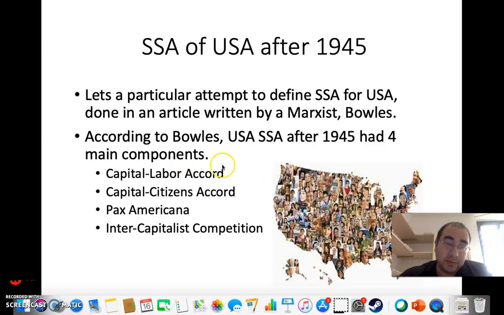Some segments of society that provided cheap labor force also wanted equal rights, by the way.